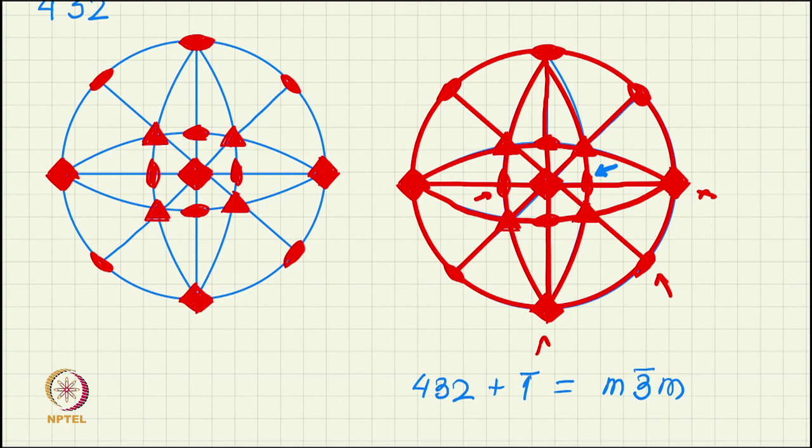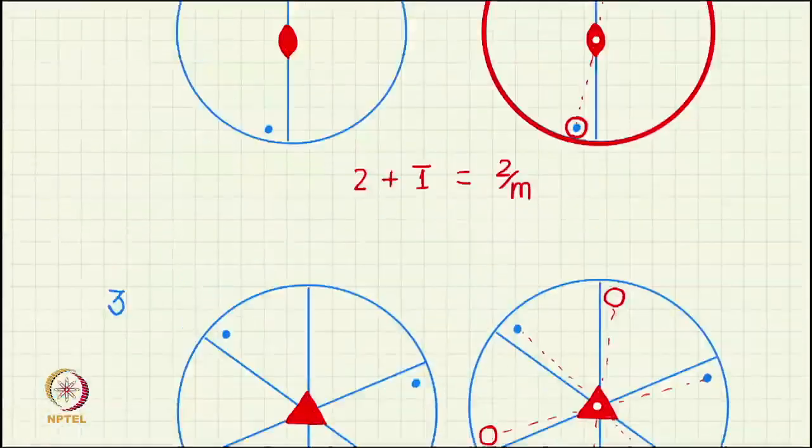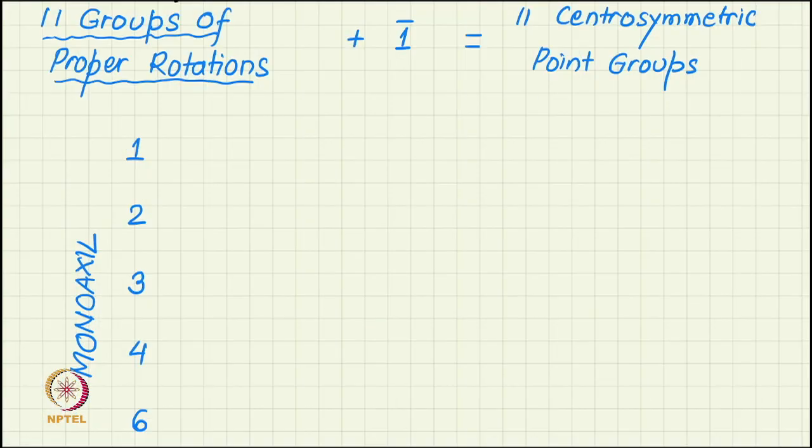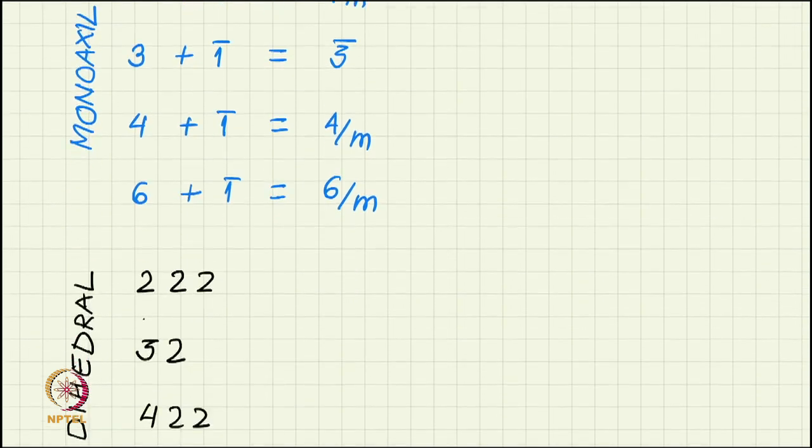So that completes the list of 11 centrosymmetric groups. If I summarize what we have done, 1 plus 1 bar gave us 1 bar, 2 plus 1 bar gave us 2/m, 3 plus 1 bar gave us 3 bar, 4 plus 1 bar gave us 4/m, 6 plus 1 bar gave us 6/m.